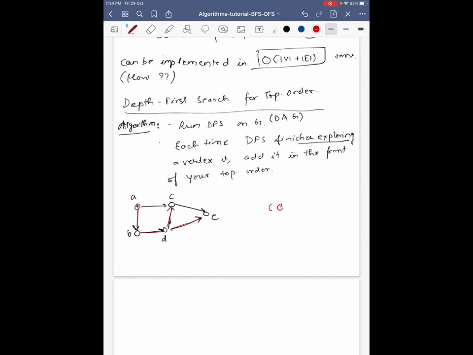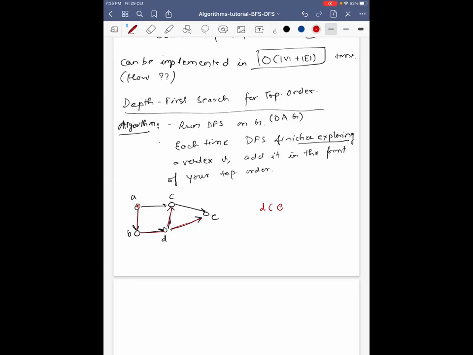So that is, we'll prepend C to this list. And then it's going to backtrack to D. Now from D, there is nothing more to explore. E has already been visited by DFS. C has also been visited. So it's going to output D and it's going to prepend it to this list.